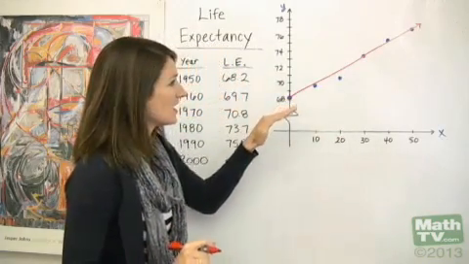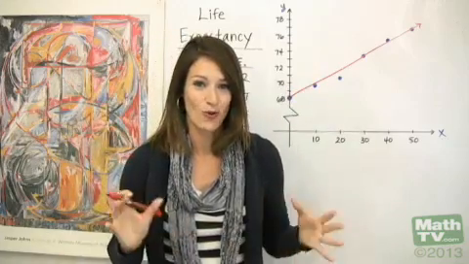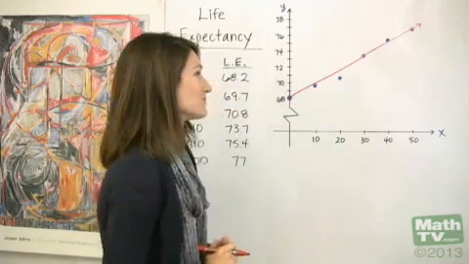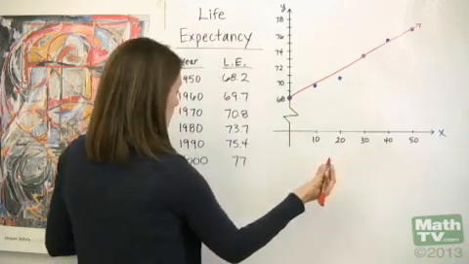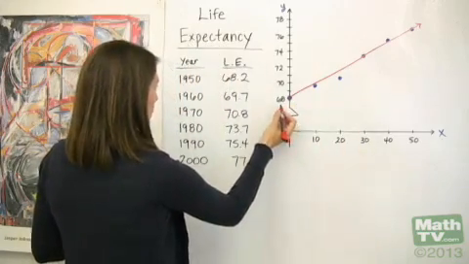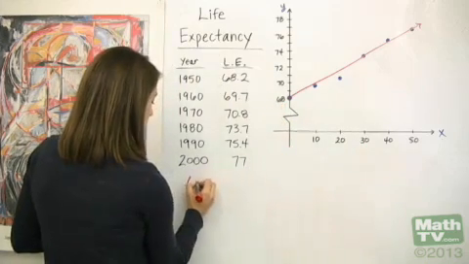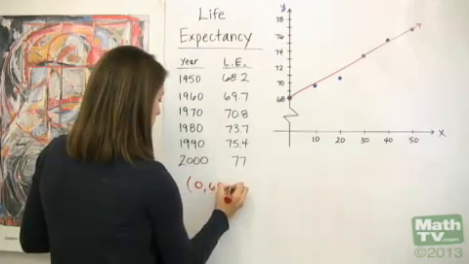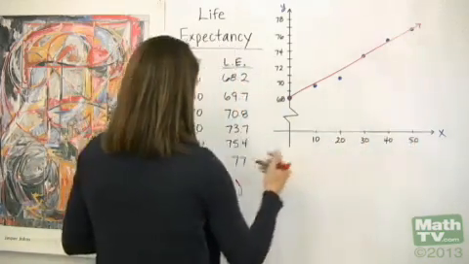Now using this line, we can find its slope and then find its equation in order to estimate some values. So looking at this line here, let's choose 2 points in order to find the slope. And we're going to use the points, this first point here, which is at 0 and 68.2. And then let's use the last point at 50, 77.